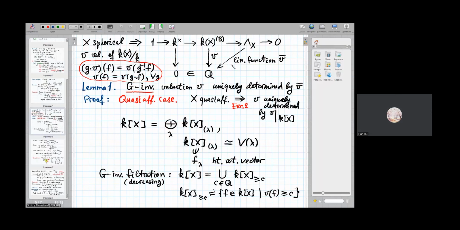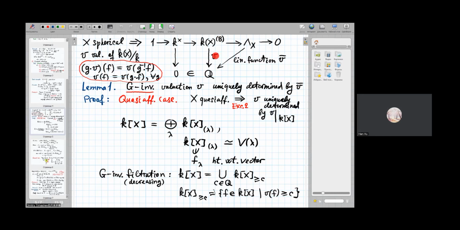Let me repeat again what I'm claiming. The first claim, which is more or less obvious, is that to any valuation you can associate a linear function just by restricting this valuation to this semi-invariant subgroup. Yes, I know this. So the correspondence from V to V bar works for all V. I am not discussing which kind of V bars we get from arbitrary valuations.